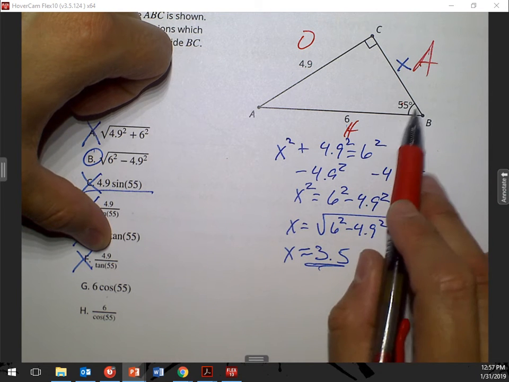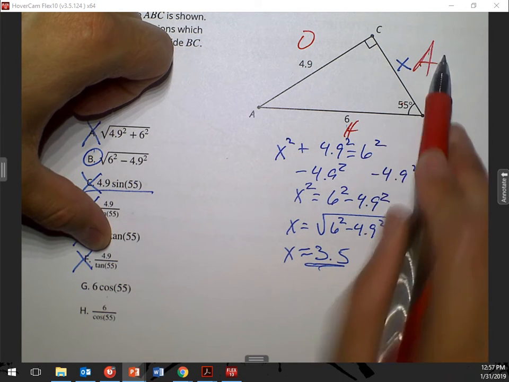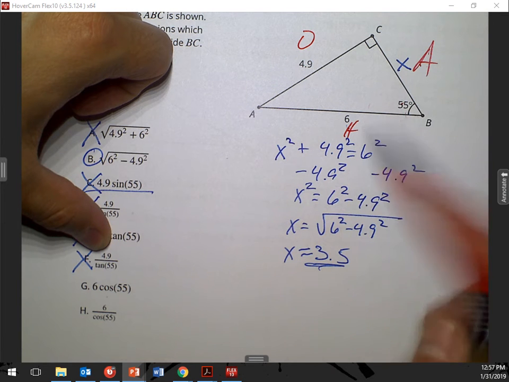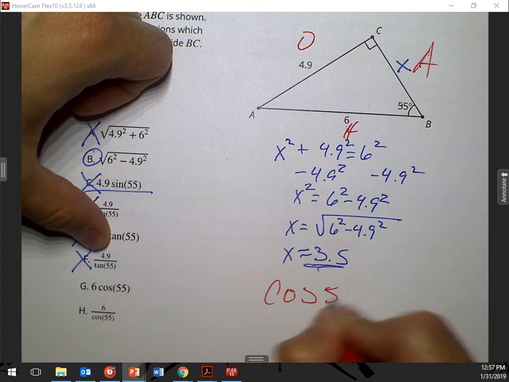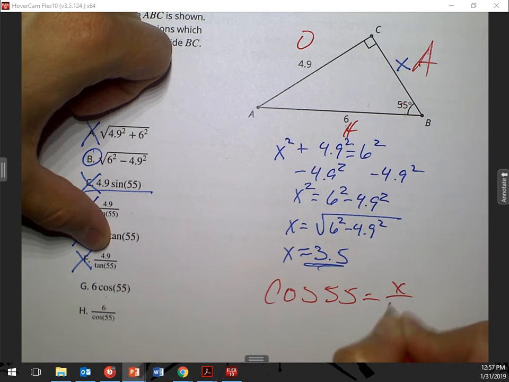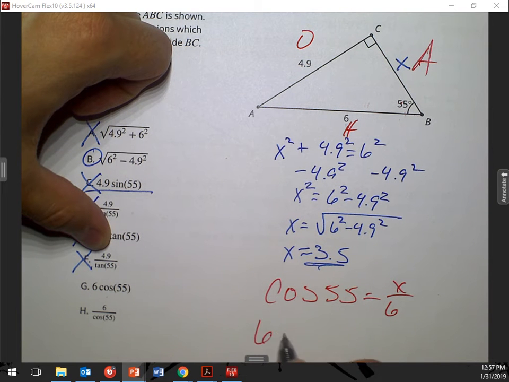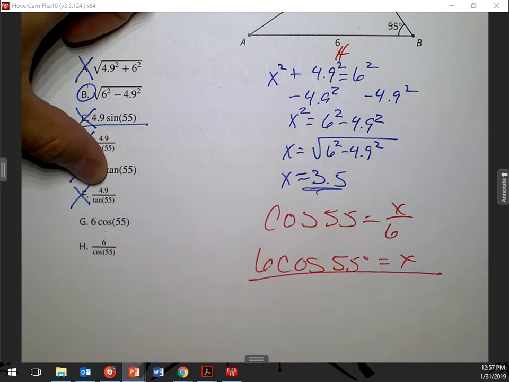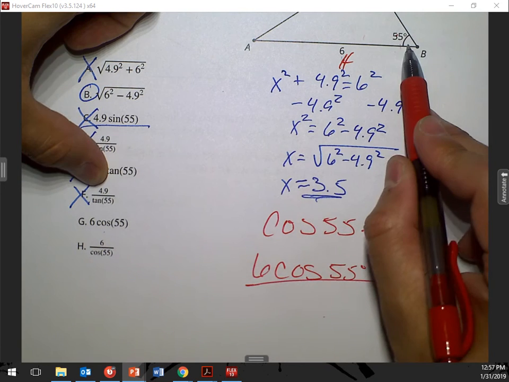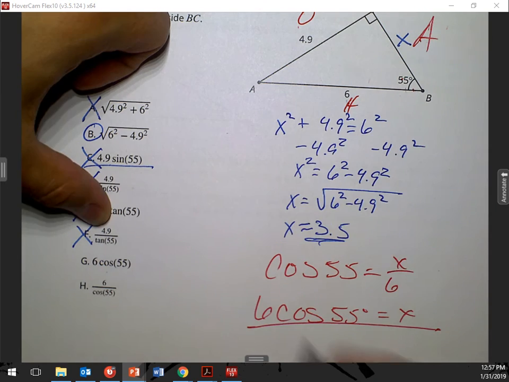Okay, so from here, if I'm using cosine, it'd be adjacent over hypotenuse, so that's cosine of 55 is equal to x over 6. Multiplied by 6, 6 cosine of 55 degrees equals x. That works. Now, if I do a tangent, it'd be 4.9 over x.